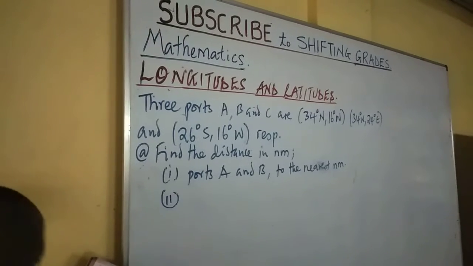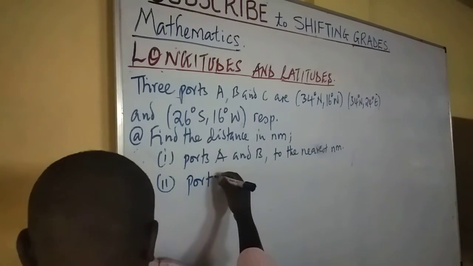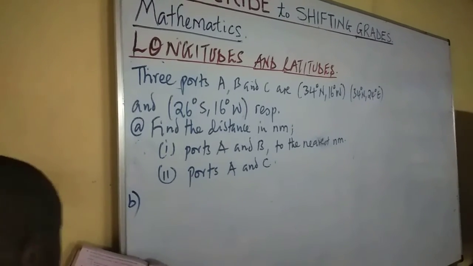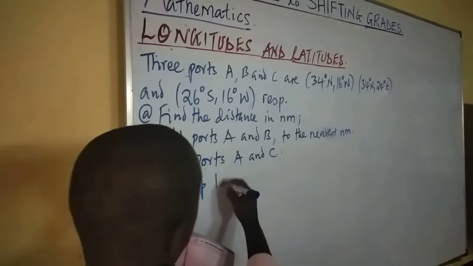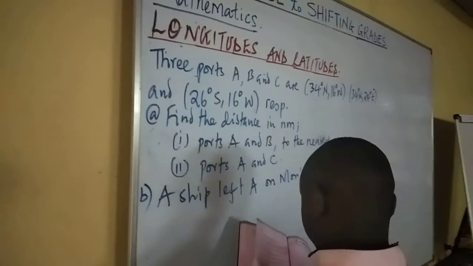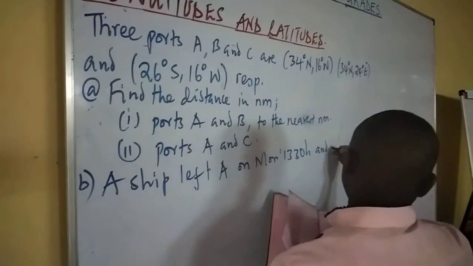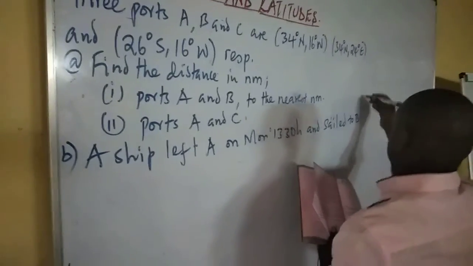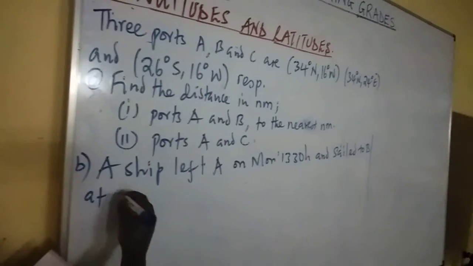Then Roman 2, between ports A and C. And part B of the question we are told a ship left port A on Monday at 30 hours and sailed at 40 knots.